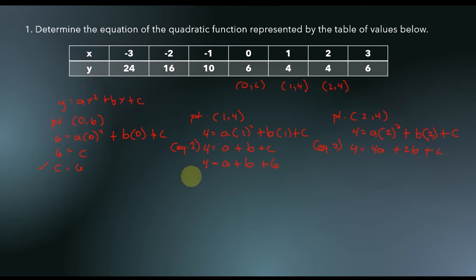Simplifying this, 4 minus 6 equals a plus b, or negative 2 equals a plus b. Now we have another equation, which is equation 3.